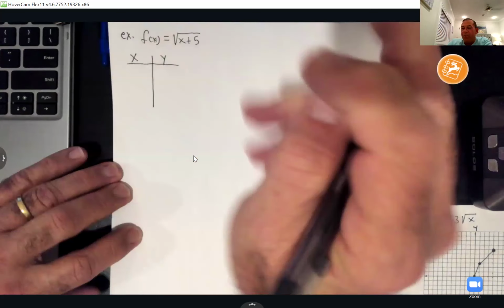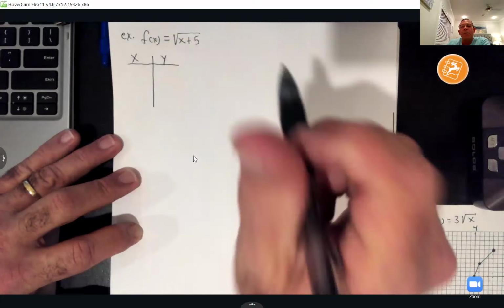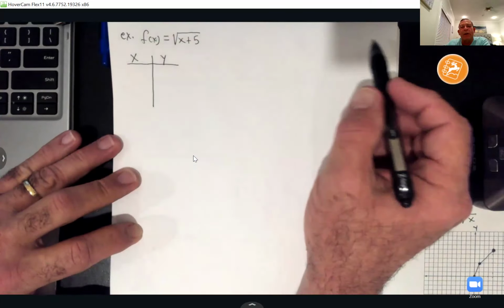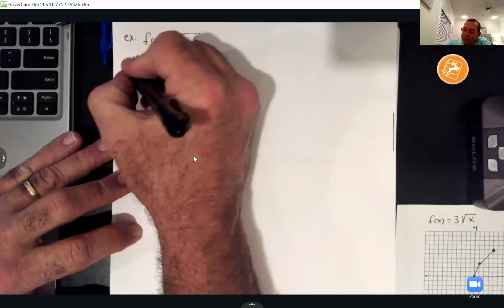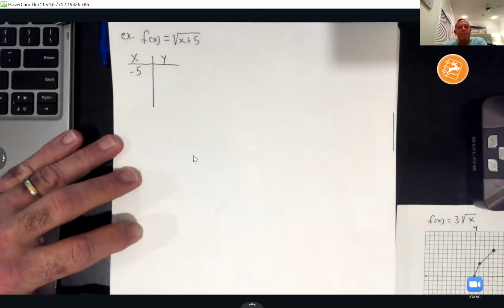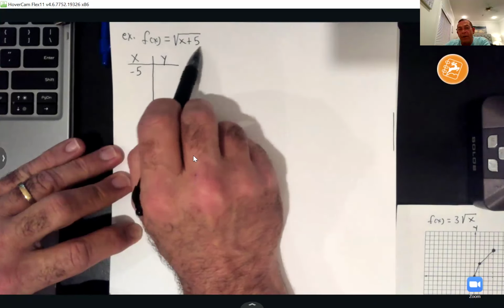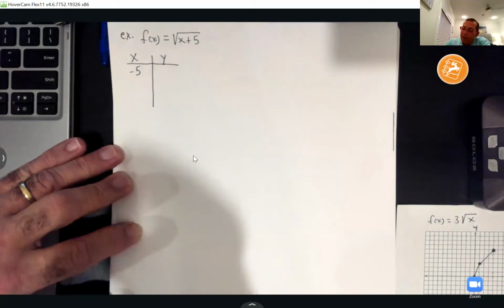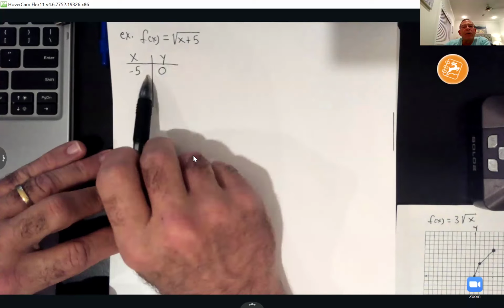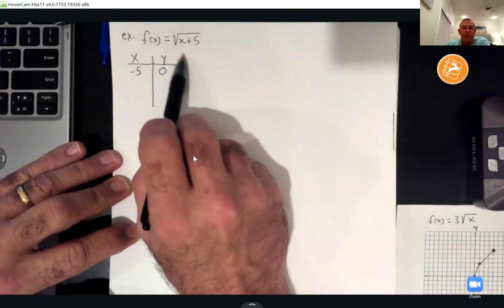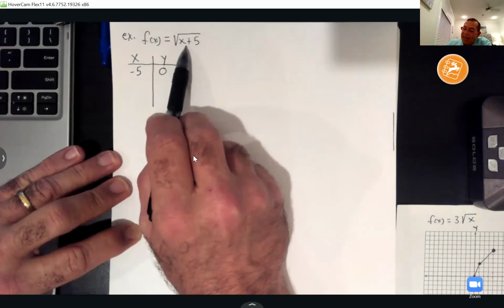Now remember, I want this to equal perfect squares under the radical. So the smallest perfect square I had was 0. So to make that equal 0, that x is going to have to be a -5. Because -5 plus 5 is 0. Square root of 0 is 0. Now, I'm going to try to make this equal 1 under here. So to make that equal 1, the x has to be a -4.